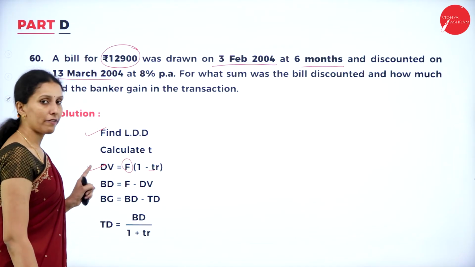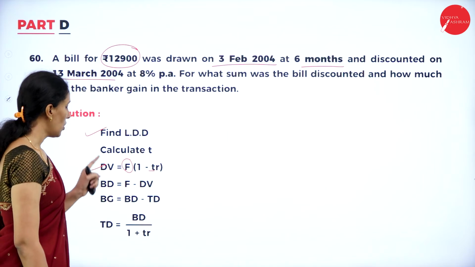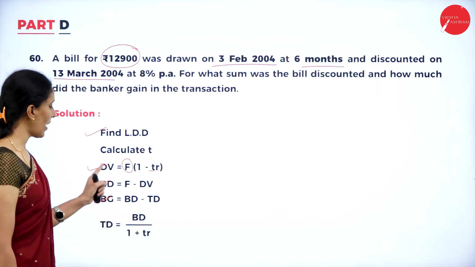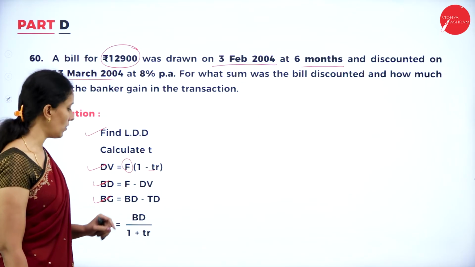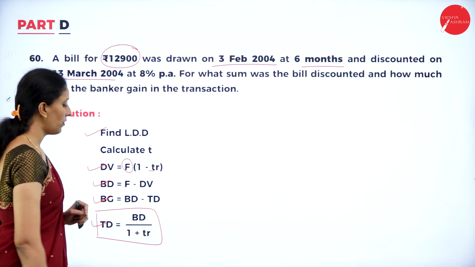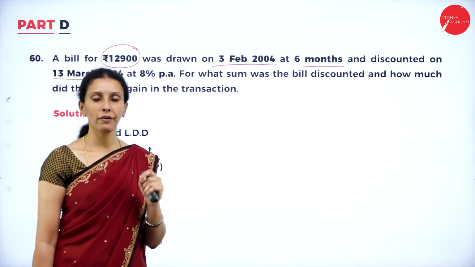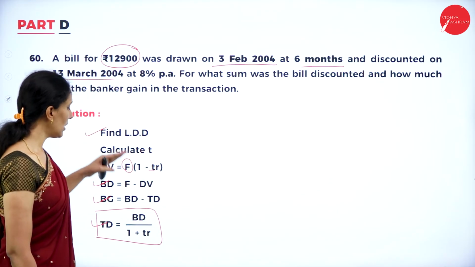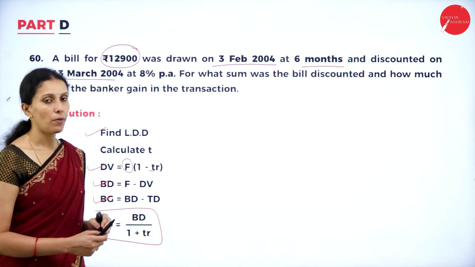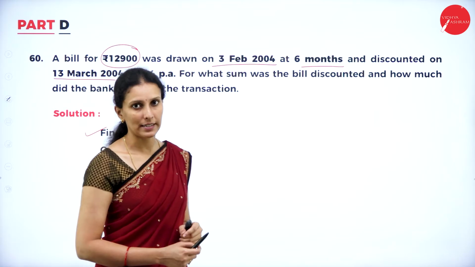So substitute and find the value of discounted value. Next, you can find the banker's discount and banker's gain once you find the face value and discounted value. So later, you can find the true discount using the formula banker's discount divided by 1 plus TR. So you have to learn these formulas. Once you calculate T, you can use all these formulas to find the banker's discount.